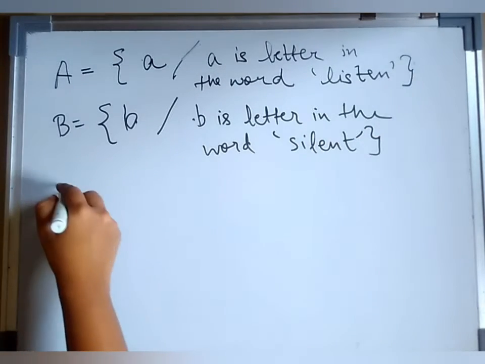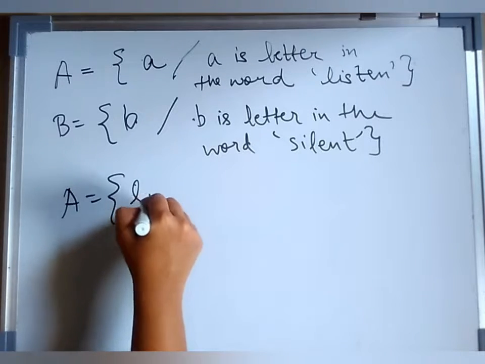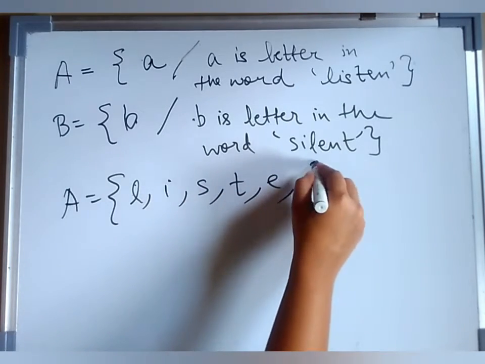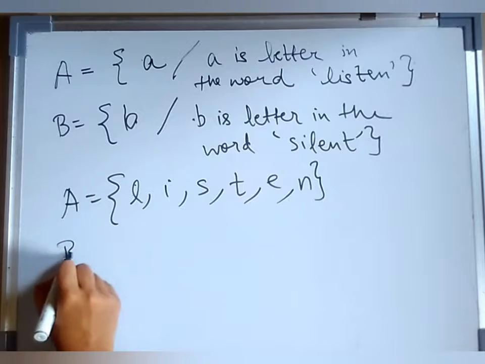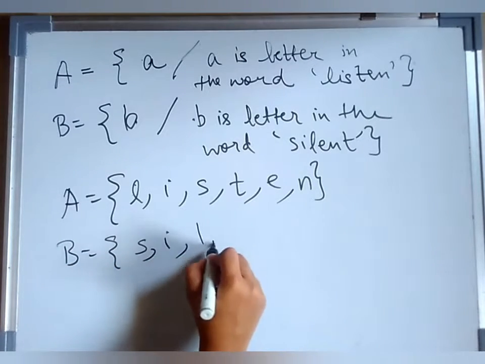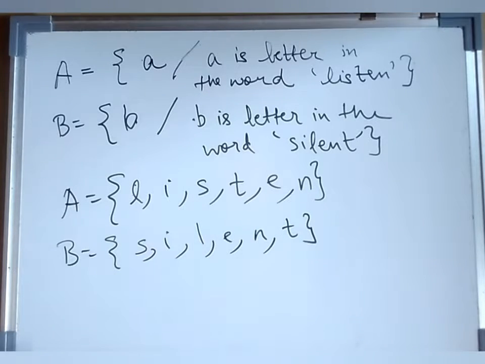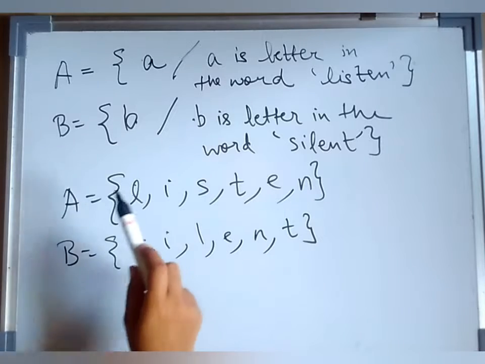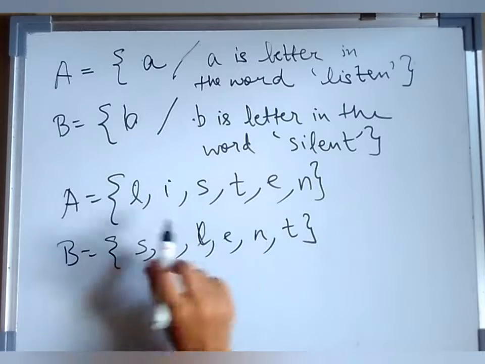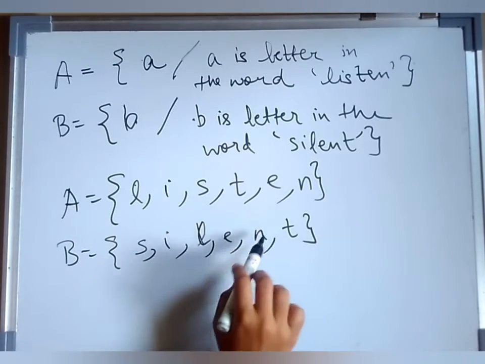Let's list the sets: L, I, S, T, E and N. If you observe, L is in A, L is also in B. I is there, S is there, T is there, E is there and N is there.